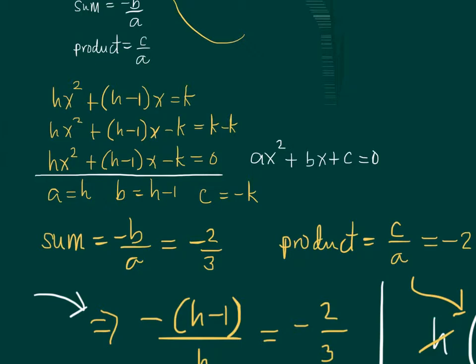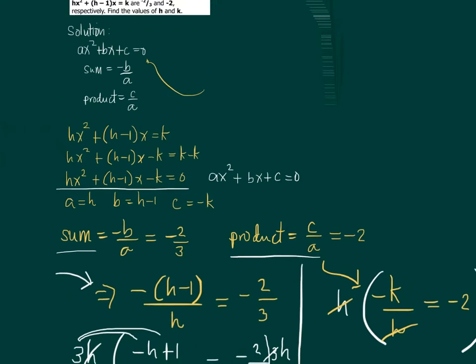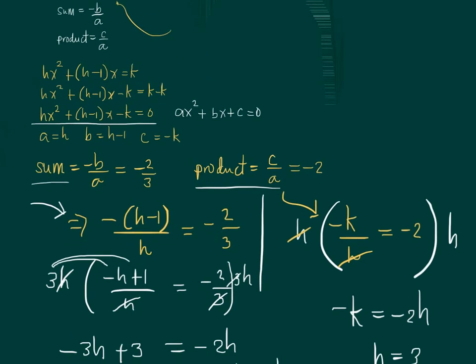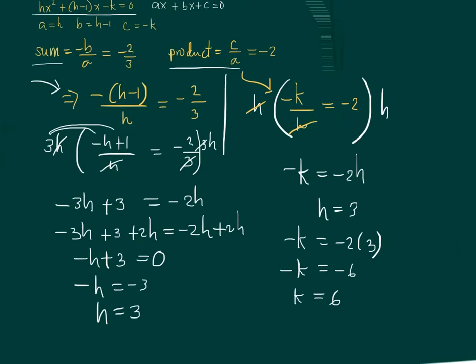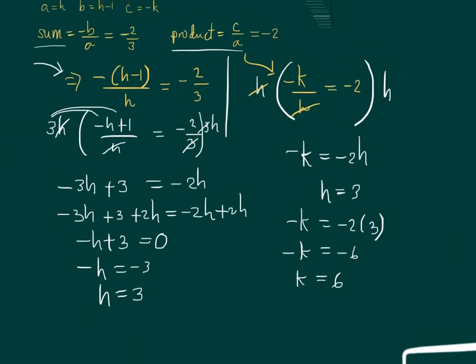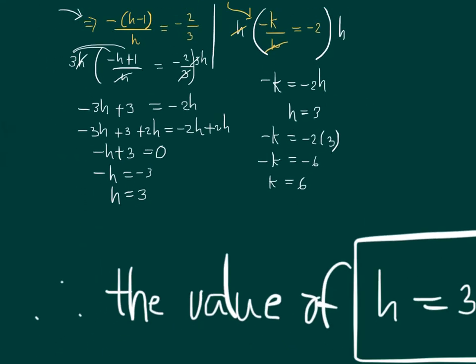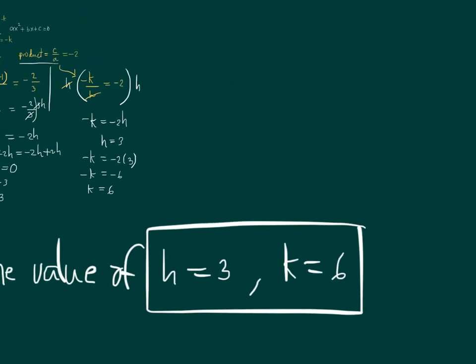And all we did was to work on the equations that form the sum, negative b over a, and the product, c over a. So we worked on each equation until we solved the corresponding values for h and k. So we ended with the conclusion that h should be equal to 3 and k is equal to 6.